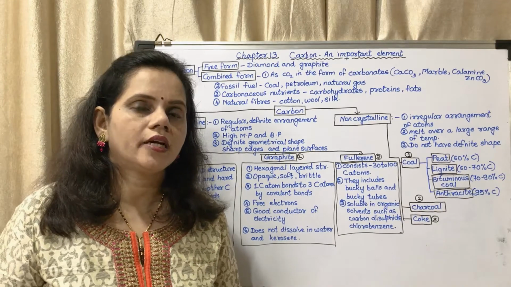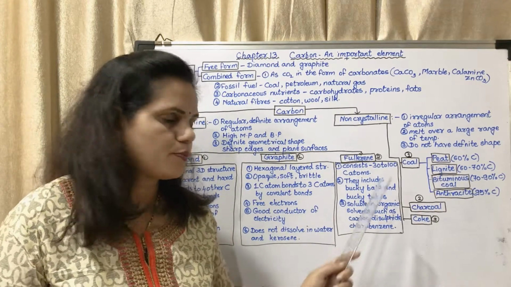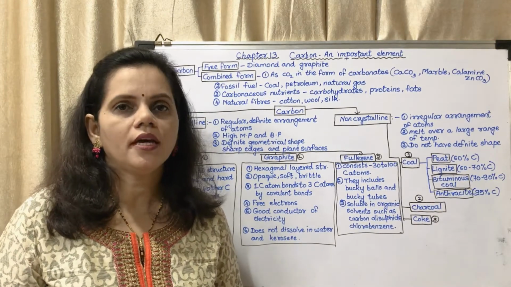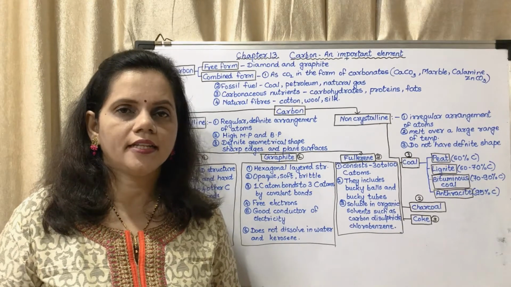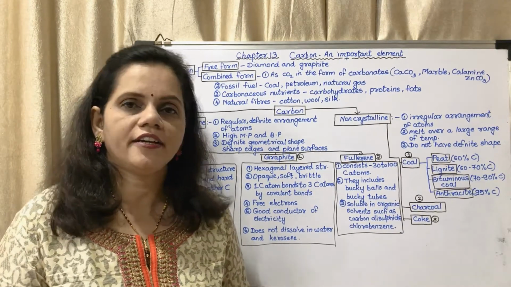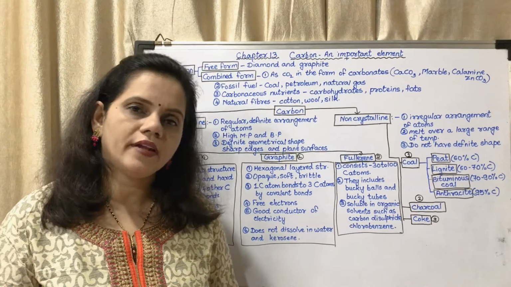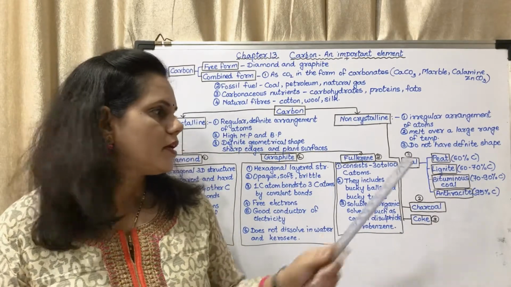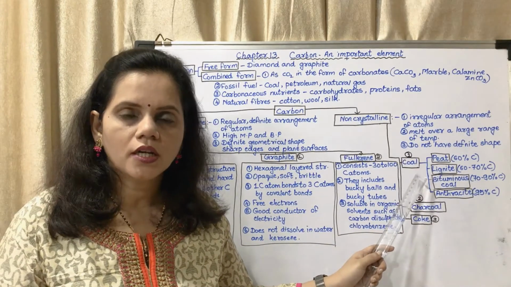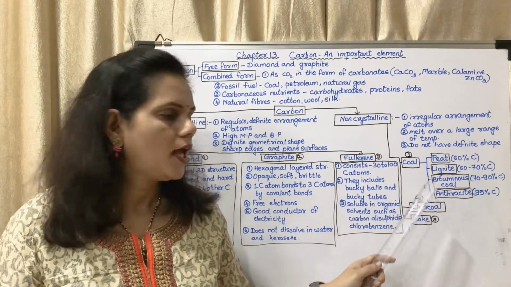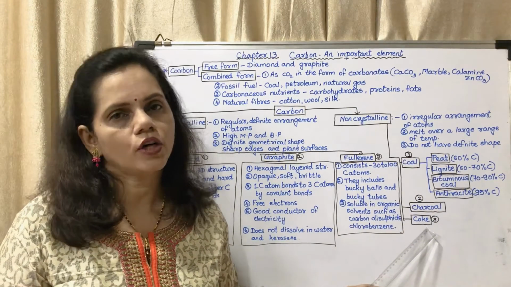So these are the questions. The number of questions from this part is more. Okay, so have you understood? You have to study the properties of diamond, graphite, fullerene, uses of diamond, graphite, fullerene, the properties of coal, uses of coal and uses of coke.